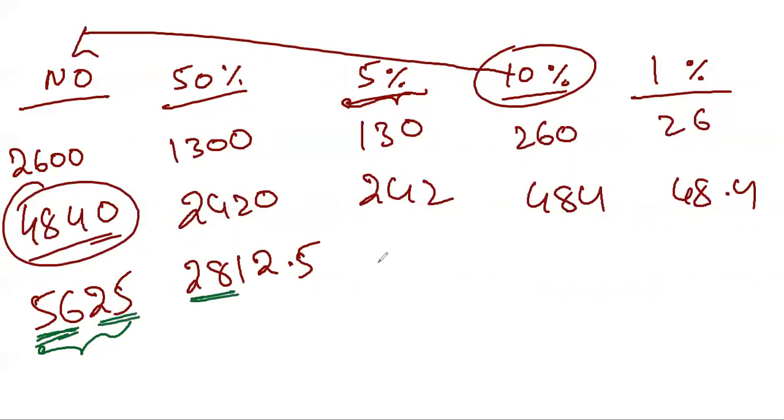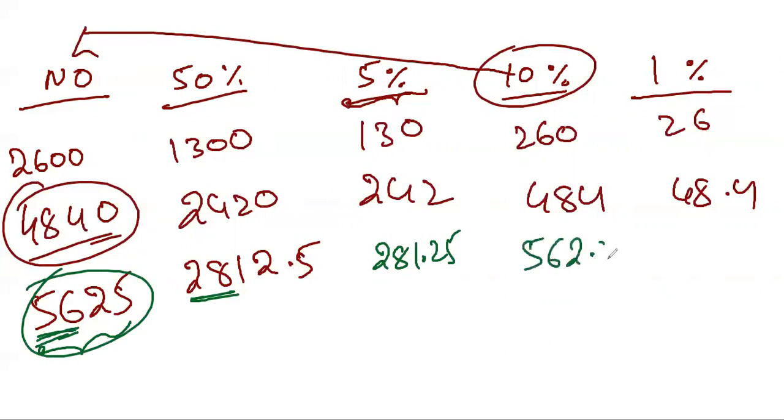You know that. 5%: this point will be adjusted to this side. Is this clear? 281.25. 10% of this number is 562.5. 1%: this point will come before 2. That is 56.2.